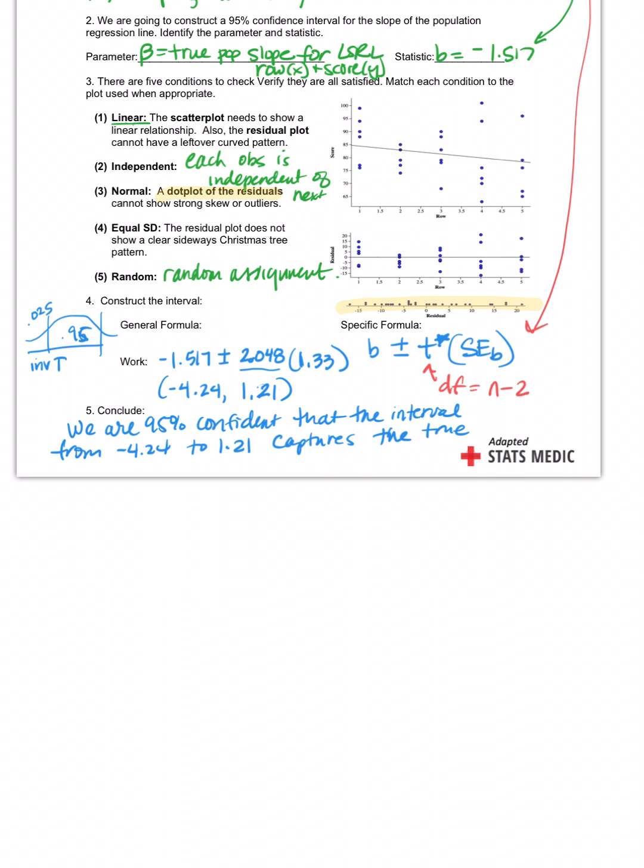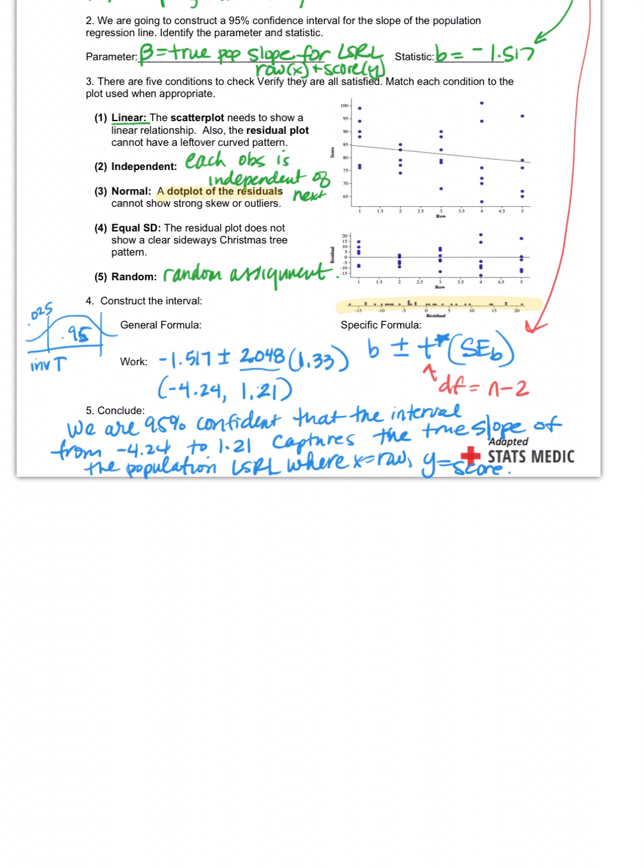Slope. Good. Beta slope. I totally spelled that wrong. Slope of the population LSRL where X is row and Y is score. Okay. So a little bit of new verbiage, but not bad. Not too bad.